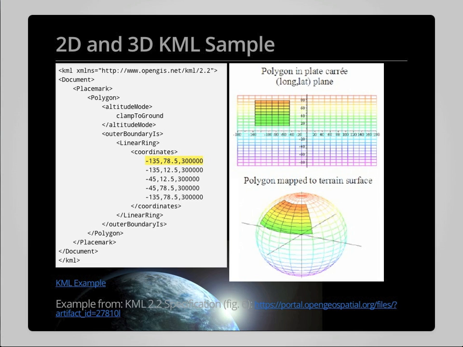So in this case, we have a longitude of -135 degrees, a latitude of 78.5 degrees, and an altitude of 300,000 meters. Those 3 values associated with the first coordinate are separated by commas. All subsequent triples are separated from that one by a space or a new line, basically by white space.